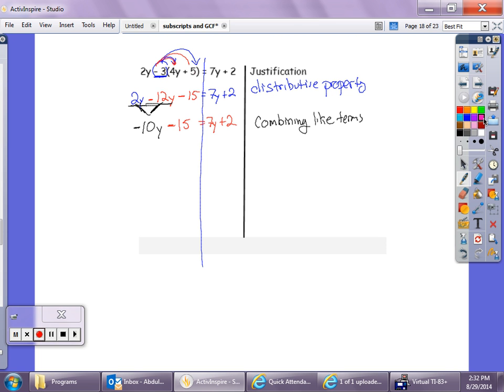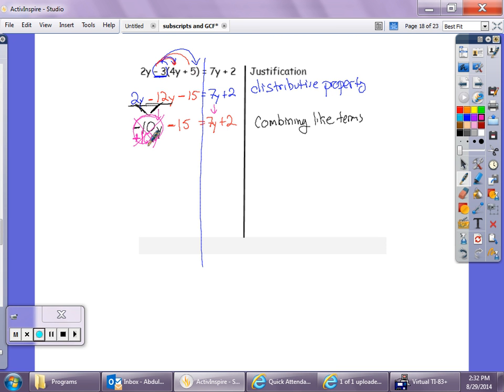And now we notice that I have a y over here and a y over here. They're on opposite sides. So I have to get rid of one. I can only have y's on one side. I'm going to choose to get rid of this negative 10y since it's negative. So I'm going to add, because negative 10 plus 10 is 0.